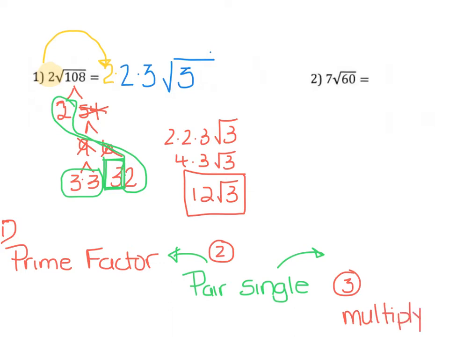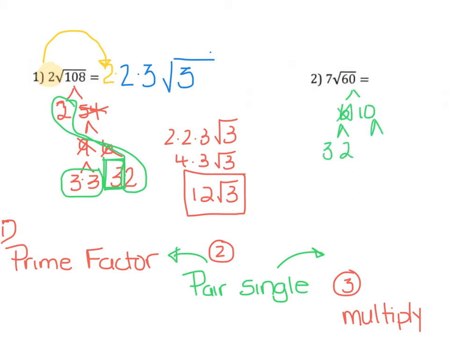All right. I want to look here now at 7 square root of 60. Here we have 60. The 7 is on the outside, and I want to factor the square root of 60. So, start out with 60. We'll do 6 and 10. We'll factor 6 into 3 and 2.